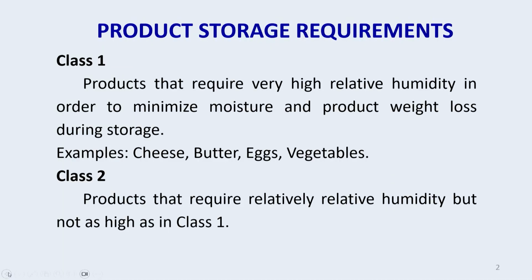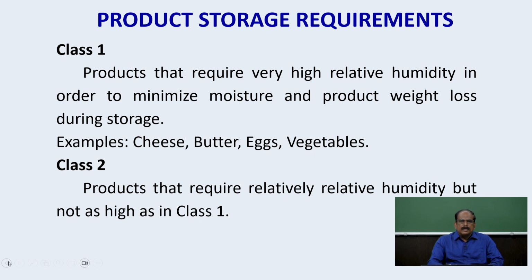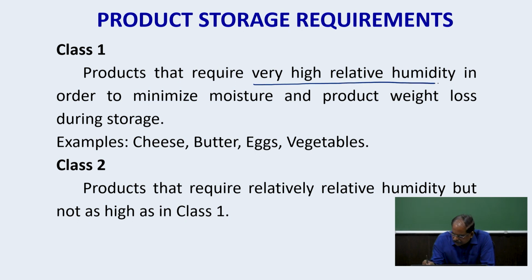So when it comes to the product storage requirement, let us see the classification, how the products are categorized into various classes. First one is class 1. Products that require very high relative humidity.